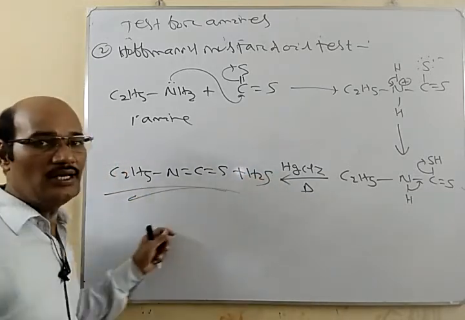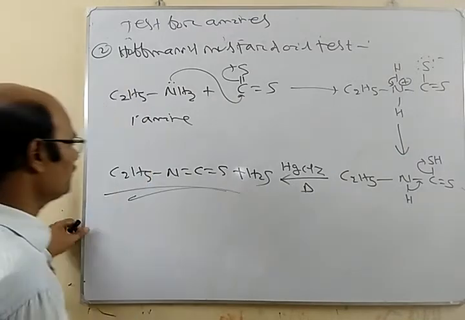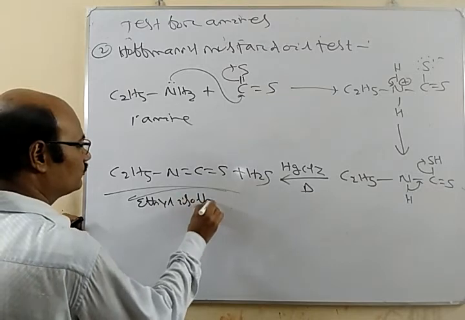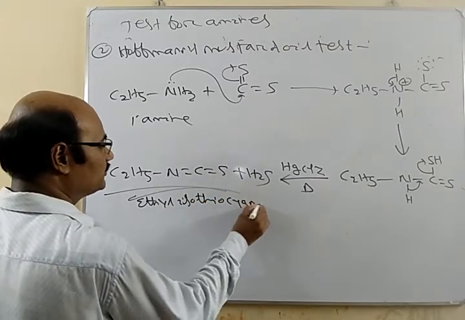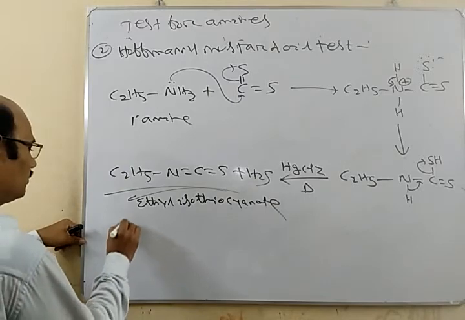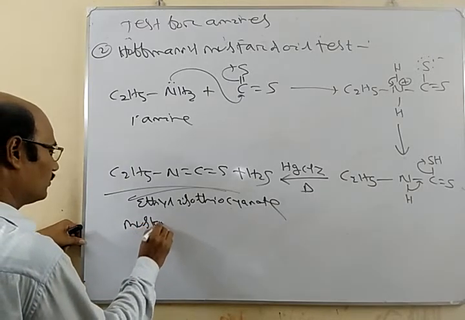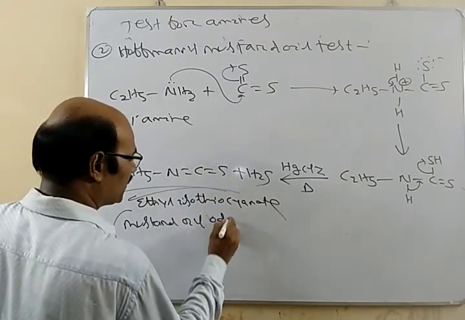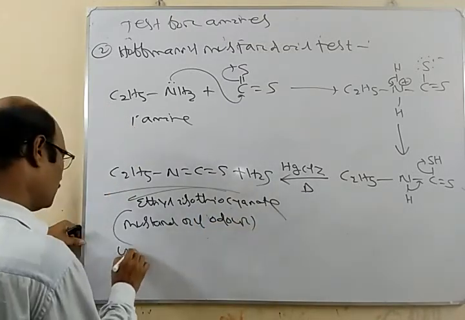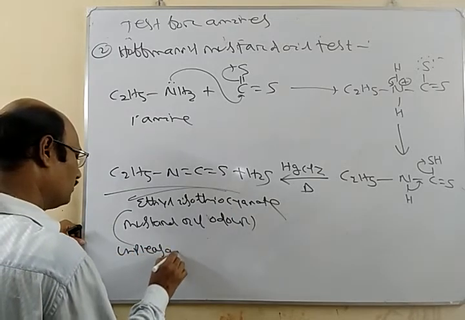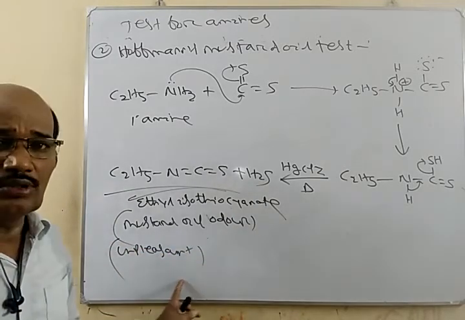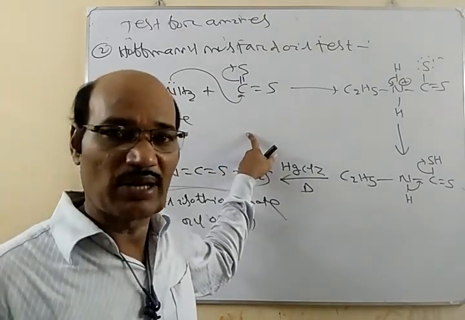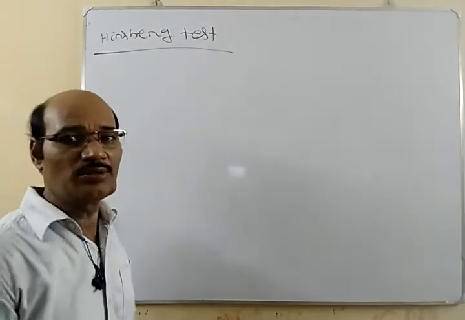This is what you know as ethyl isothiocyanate, the mustard oil. From this, the unpleasant odor of mustard oil indicates the presence of primary amine.